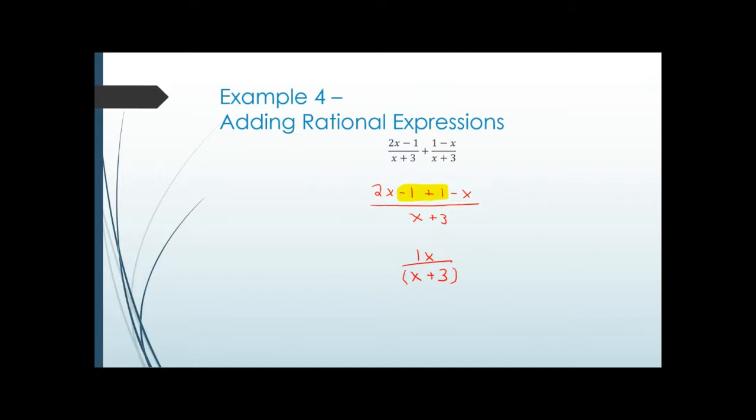You can only cancel out things that are grouped. So that x on the top cannot cancel with the x, because it would have to cancel with the whole x plus 3, and those don't match. So in this case, since we can't cancel anything out, this is our final answer. And you don't have to write the 1 in front of the x. You can just leave it as an x, and write it as x over x plus 3.